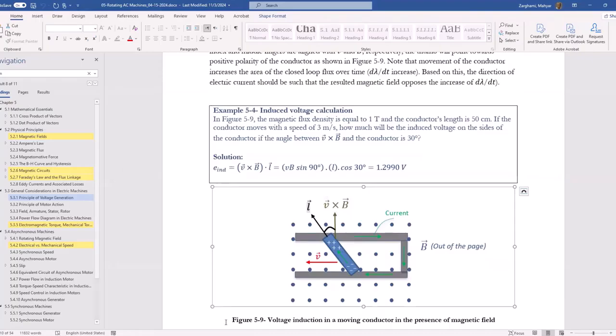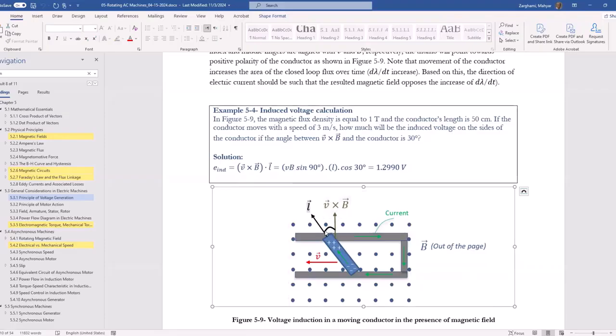This is another way to express this. So I meant that this L is pointing towards the positive polarity. But another way to come up with the direction of L is that you find the direction of V times B, and in this case, the direction of V times B came up like this, okay?